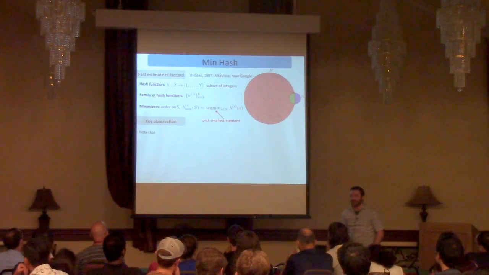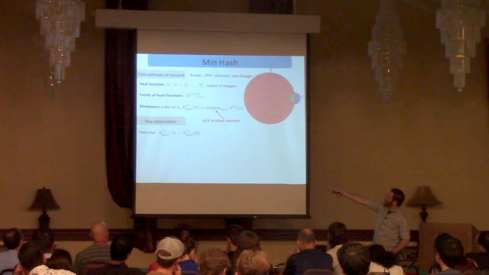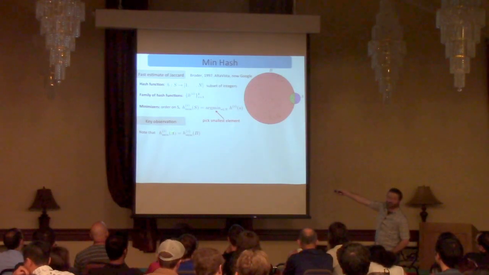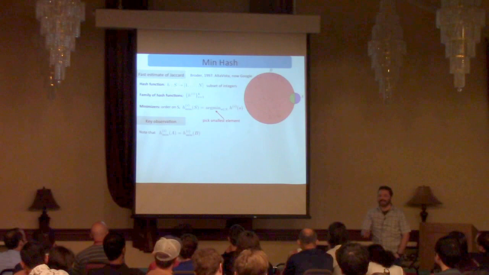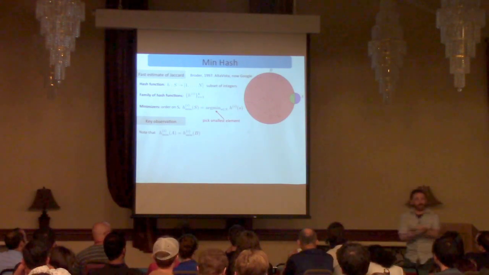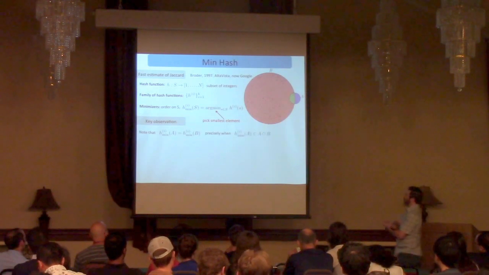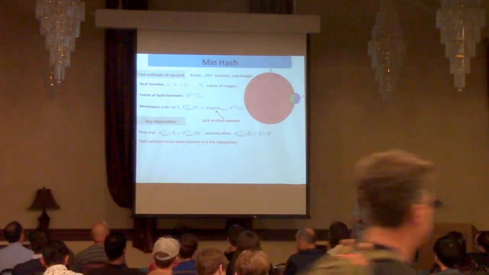The key observation here is that if the smallest element under this hash function of A turns out to be equal to the smallest element under the hash function of B, that happens precisely when that random element you picked is in the intersection. So a hash collision occurs when the element is in the intersection.